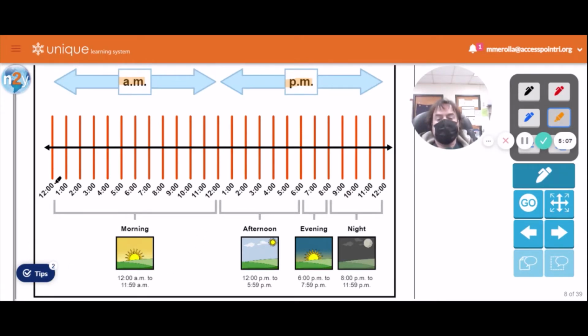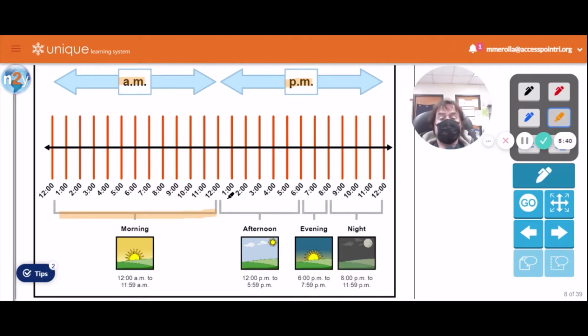The morning runs from 12 midnight, the midnight hour, when you're asleep, believe it or not, to 11:59, 1 minute before 12 noon. So a 12-hour period here is the morning or the AM. You can see the sun coming up graphic here for the morning.